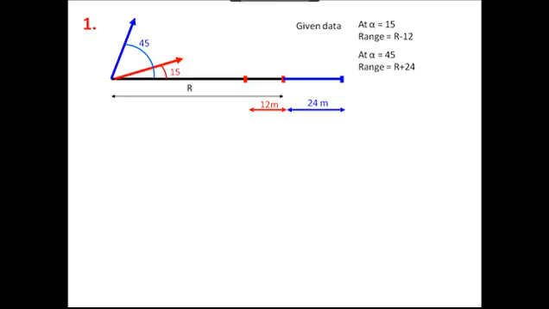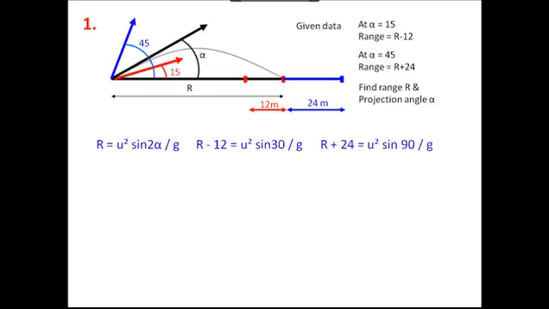Now, what you do in this case is, you write out your standard equation, R is equal to u square sine 2 alpha by g, and put, for the first data, R is R minus 12 and alpha is 15. For the second data, you put R is R plus 24 and alpha is 45.